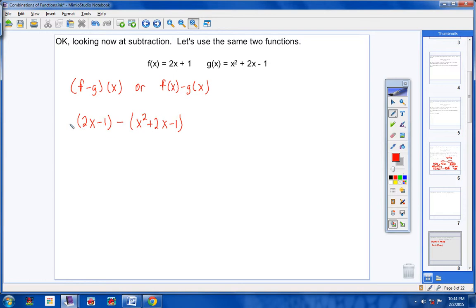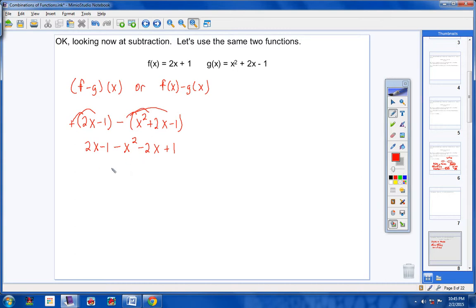Now, there's a positive sign in front of this parentheses, so we're going to multiply a positive sign through, and that gives you 2x plus 1. Now take this negative sign and multiply it through, and that gives you negative x squared, negative 2x. And then negative times a negative would give you a positive 1. Basically, all of your signs inside the parentheses changed.